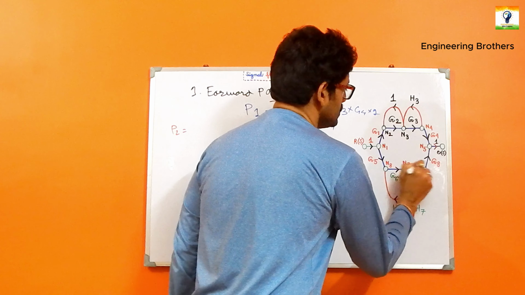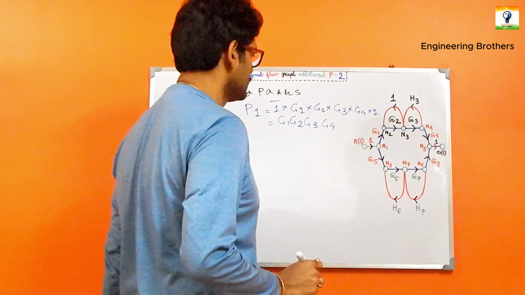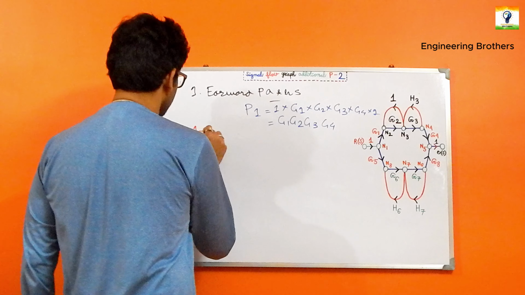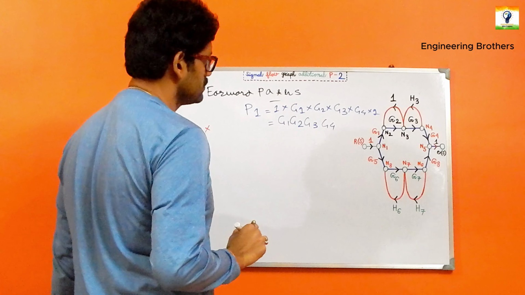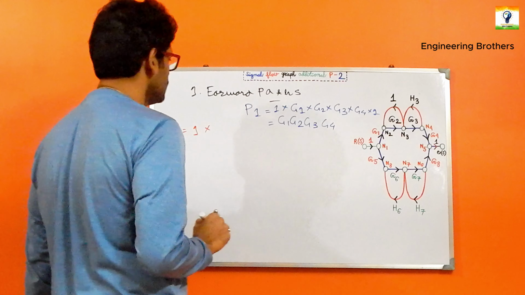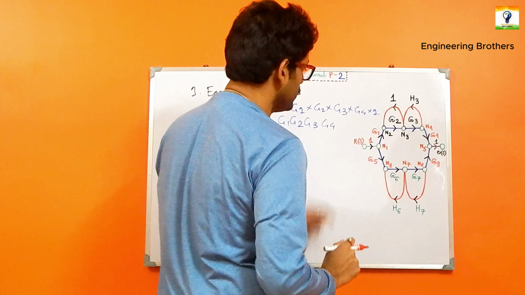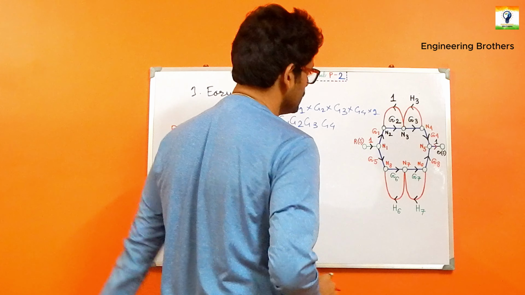You can see that this path is our other forward path. In order to find the gain for that forward path, we should consider the gain of each individual branch between the nodes.